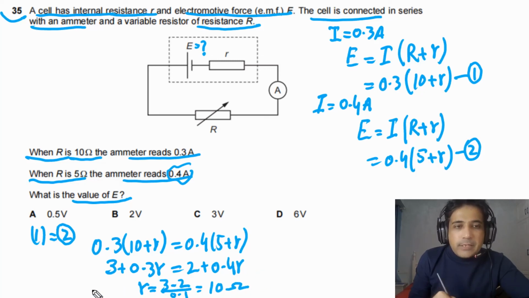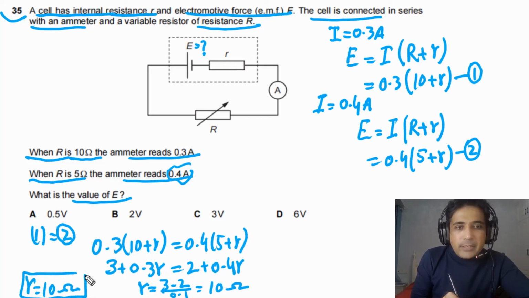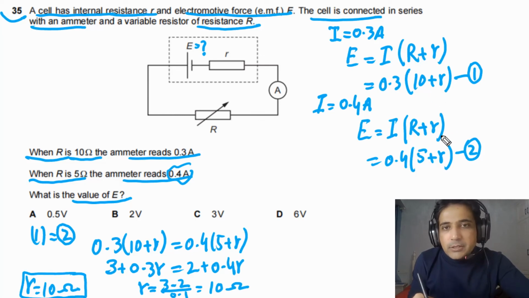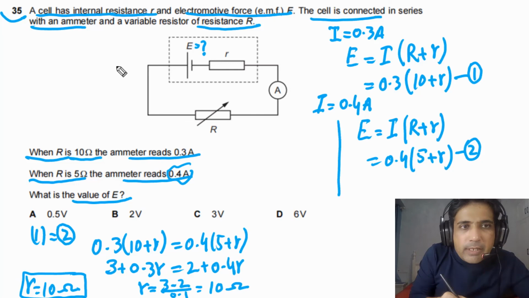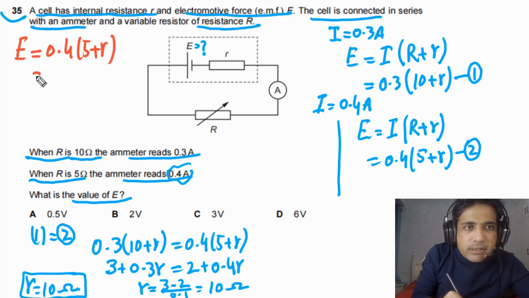So this is the value of internal resistance, r is equal to 10 ohms. Now that we have the value of r, we can use any equation to find the value of E. Let's find the value of E using equation 2. According to equation 2, E is equal to 0.4 times (5 plus r), but r in this case is equal to 10.